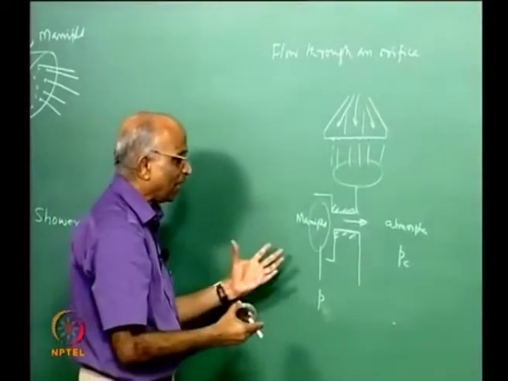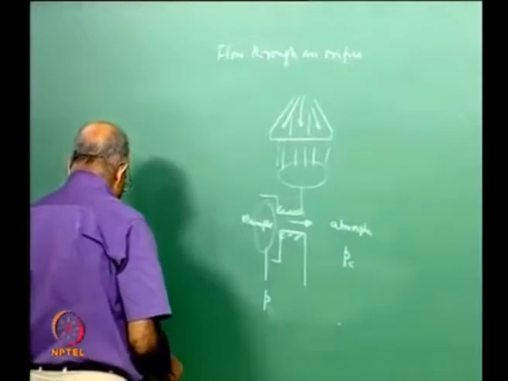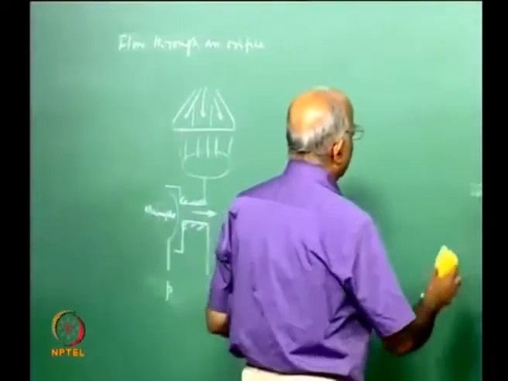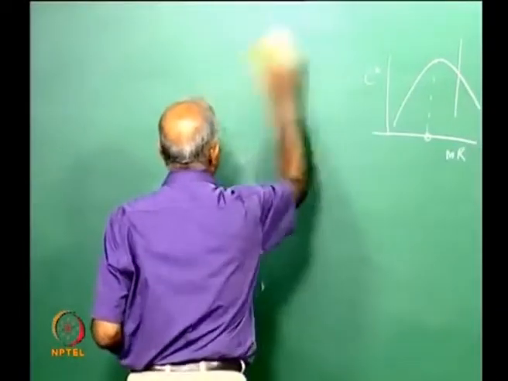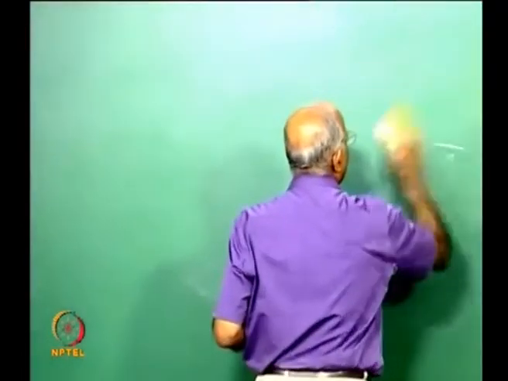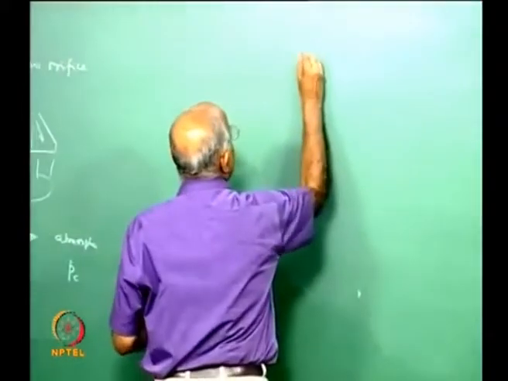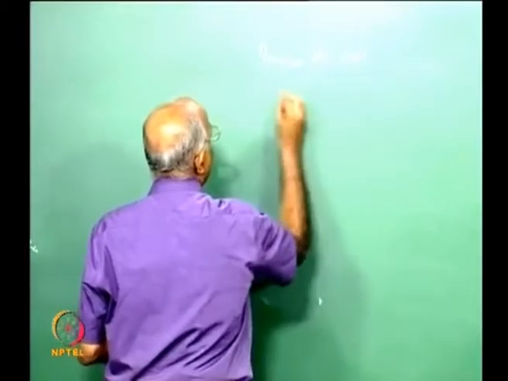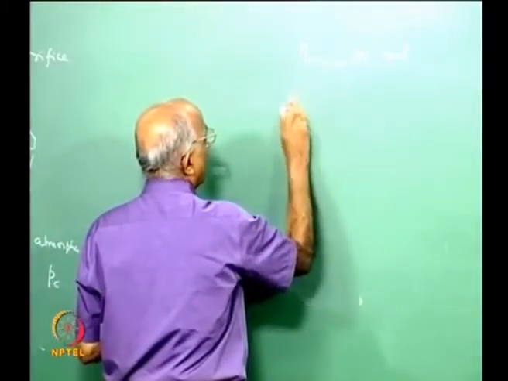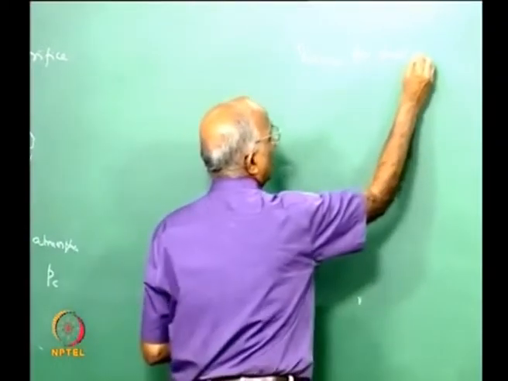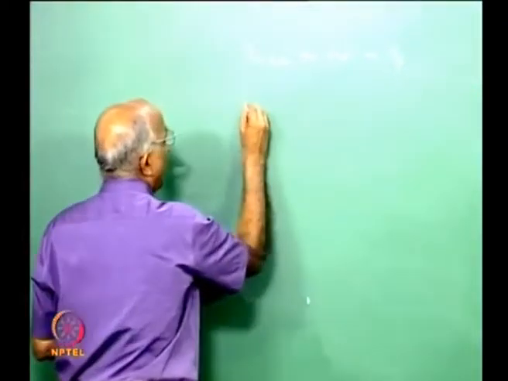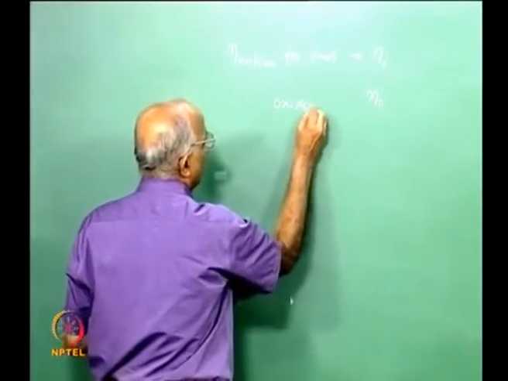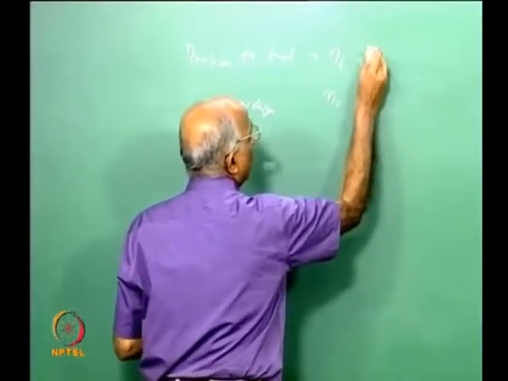Therefore, a shower head is nothing other than what we use daily while bathing, and this shower head is now modified such that I admit both the fuel and oxidizer through it, and now I am interested in finding out, let us say, if I have n orifices for fuel, which I call NF, and I have NO orifices for oxidizer, I would like to find out the flow per orifice.